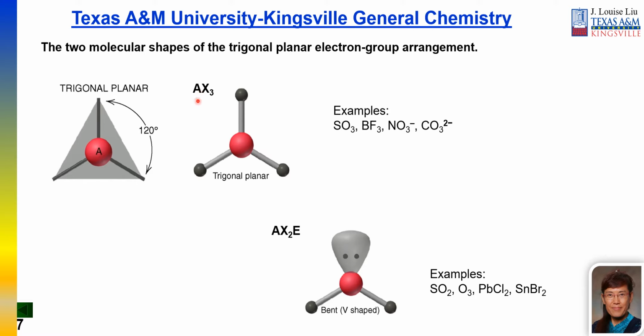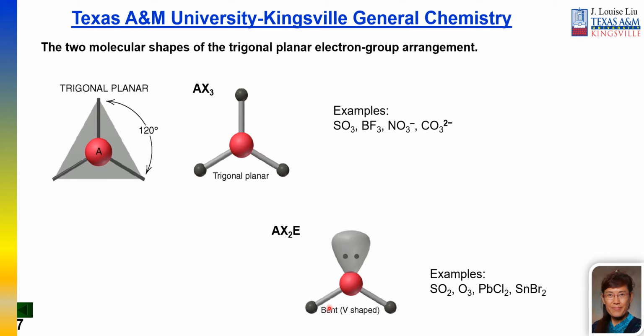So if you have AX3, you are going to have a structure called trigonal planar, such as SO3, BF3, nitrate NO3 negative, carbonate CO3 2 negative. If one of these X is replaced by a lone pair, such as SO2 sulfur dioxide, O3 ozone, PbCl2, SnBr2, in this case, you are going to form a molecular structure which is called bent or V-shaped structure.